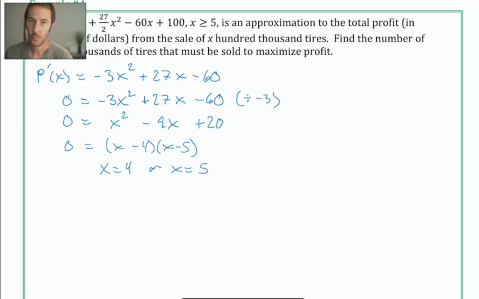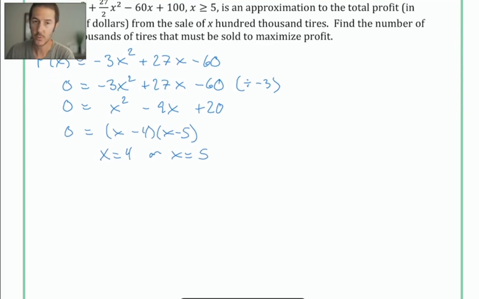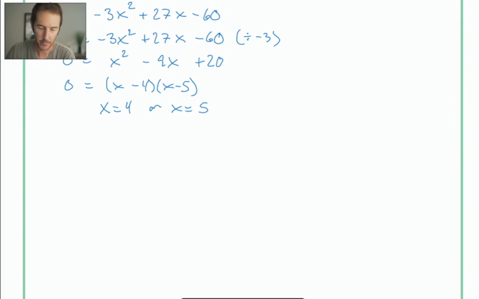So maybe one of those is going to be a relative minimum and one of them is going to be a relative maximum. Let's go ahead, as we've been doing so far, and immediately calculate p of 4 and p of 5 so that we have those y values at the ready. Again, you don't have to calculate those right now, but as long as we're here looking at those x values, let's just do it.